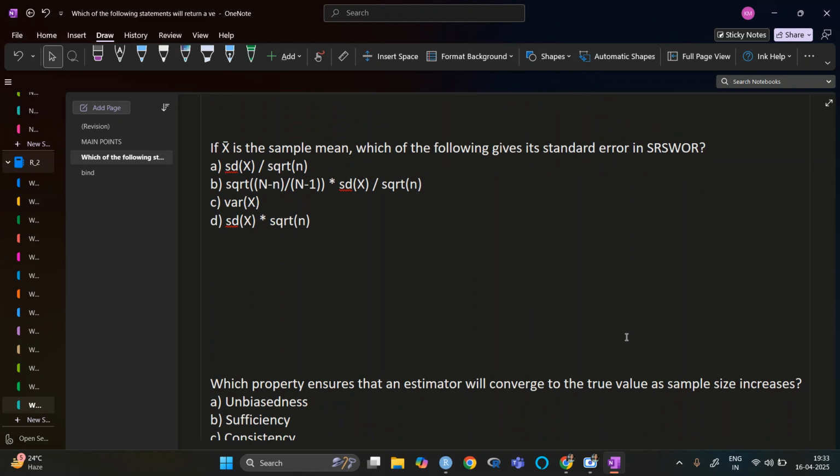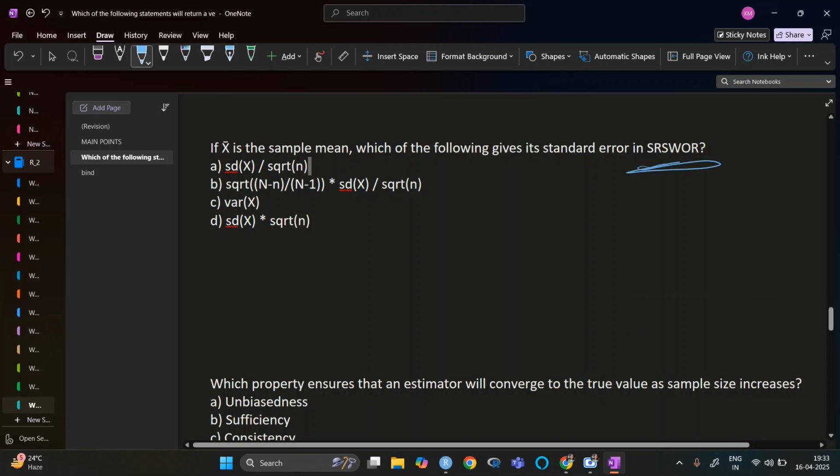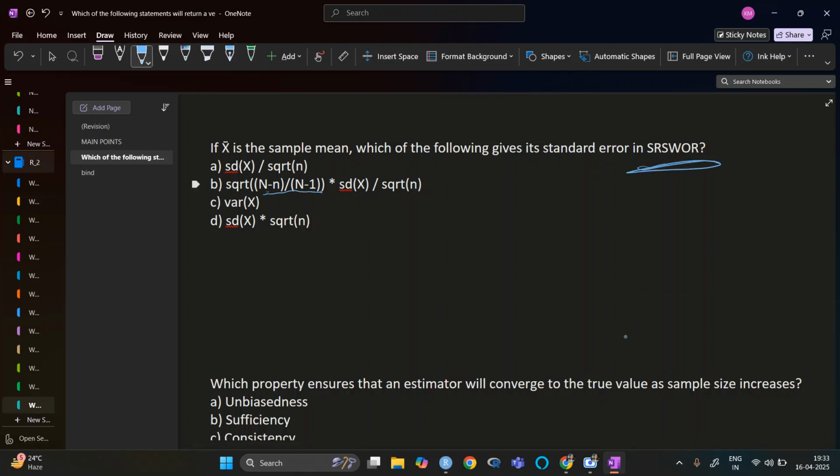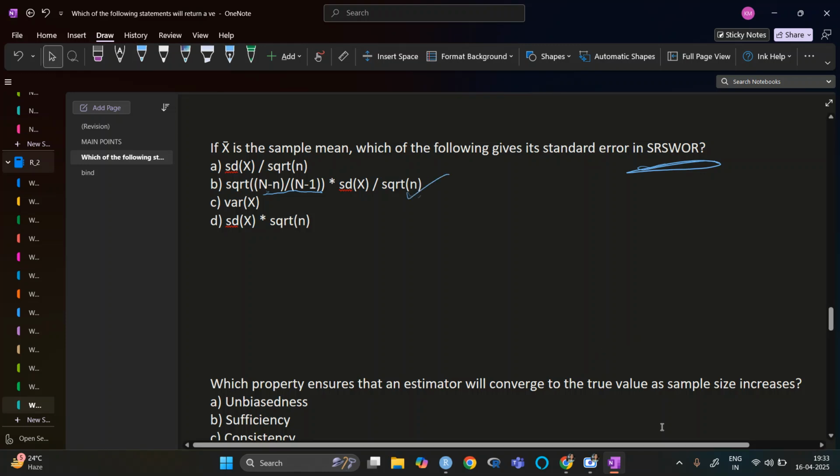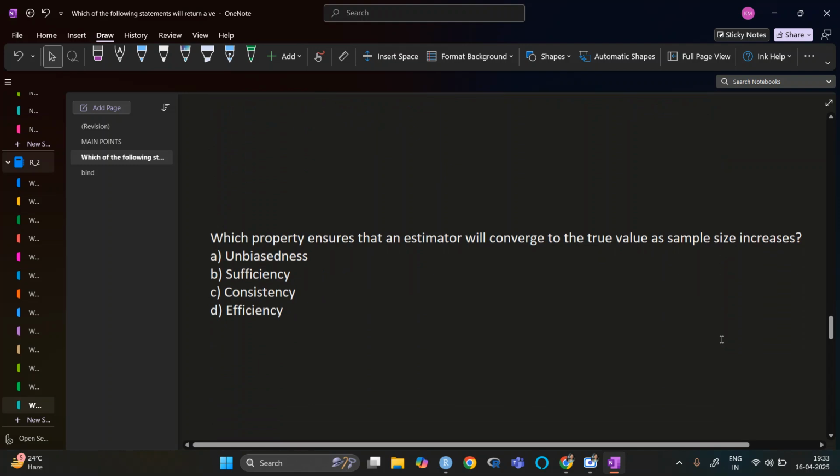So if x bar is the sample mean, then in SRSWOR, for WOR we have this N minus n divided by N minus 1, multiplied by the standard deviation, square root of s square divided by n. So this one is standard error.